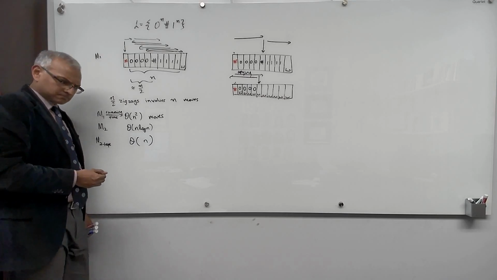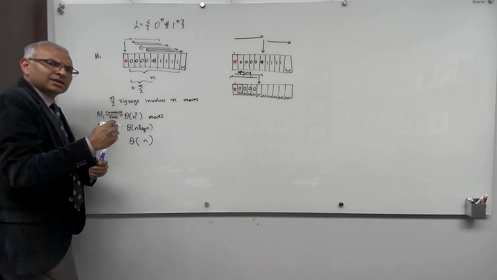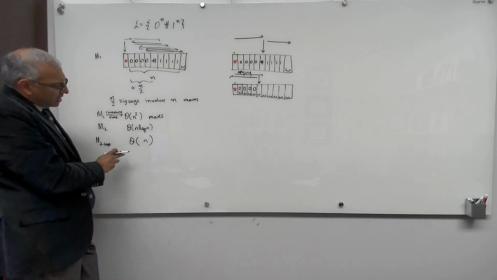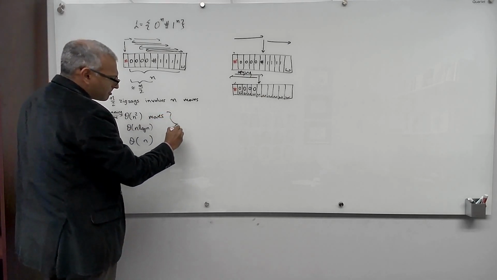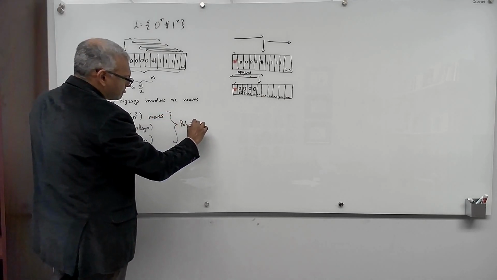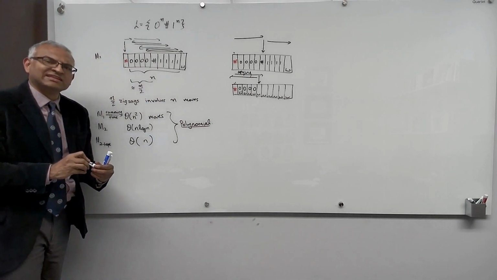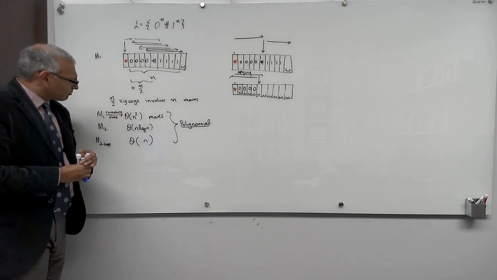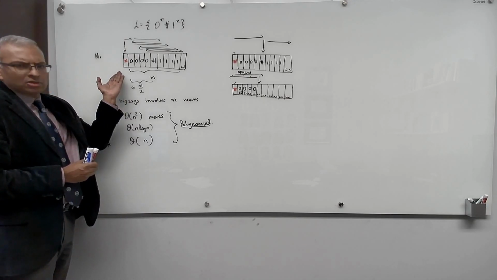Okay. Now, the point, and we'll get to that point, but the real message here is to look at these running times and notice that they're all polynomial. And why am I pointing that out? Okay. Because what I'm essentially saying is that the running time was polynomial on a single tape.